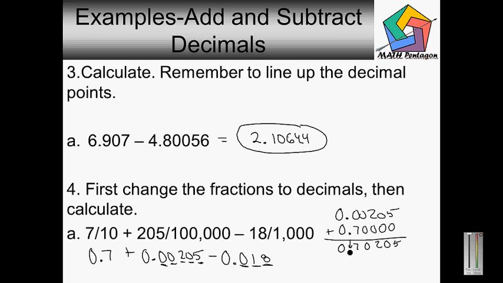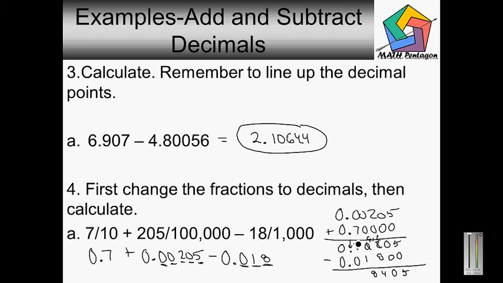And now we subtract 0.018, and we add in zeros to make things easier. 5 minus 0 is 5. 0 minus 0 is 0. We borrow from 2. 12 minus 8 is 4. We borrow from 0. 9 minus 1 is 8.